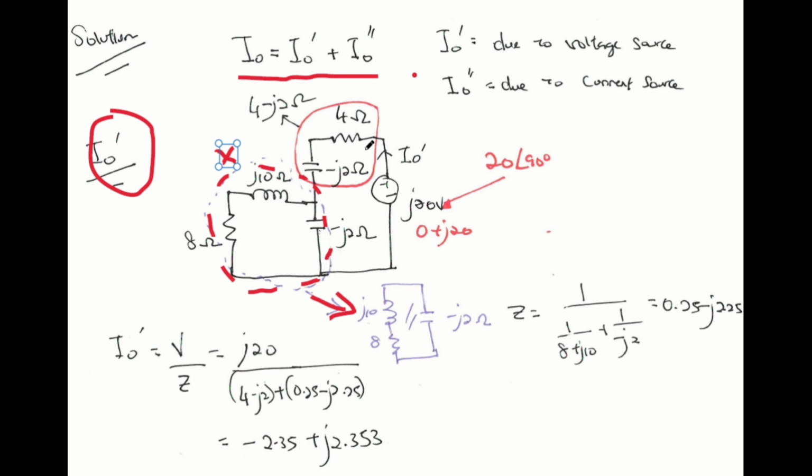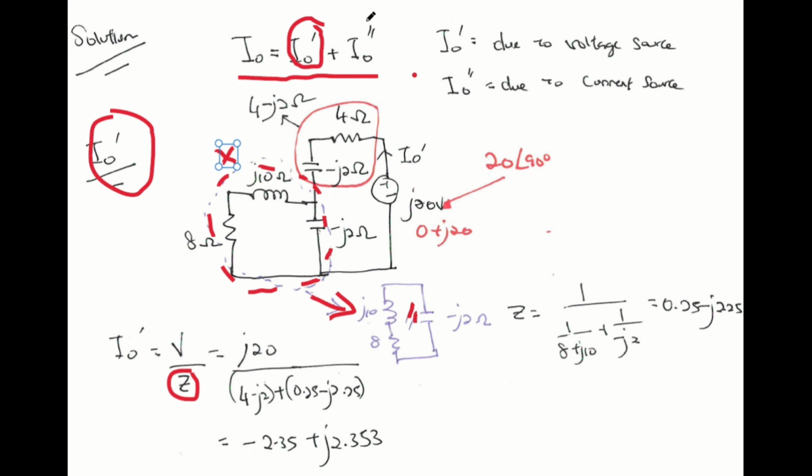Once you get a one loop circuit, it's easier to get I naught prime using V over Z. Z here is the total impedance of this circuit plus the capacitor and resistor over here. This is basically the value of this one because it's parallel, right? So I naught prime is minus 2.35 plus j 2.353. So we got I naught prime.